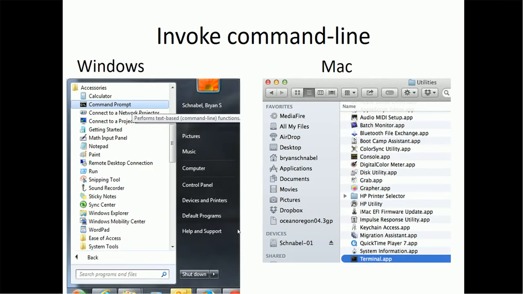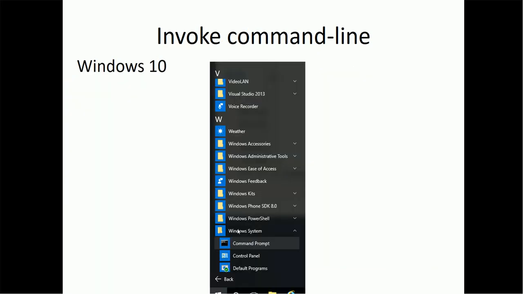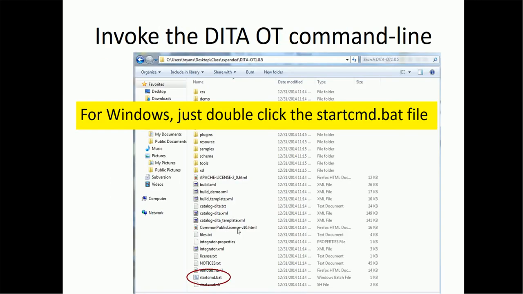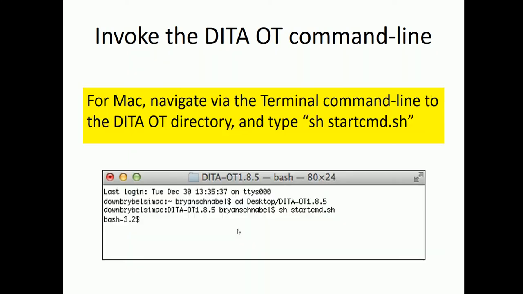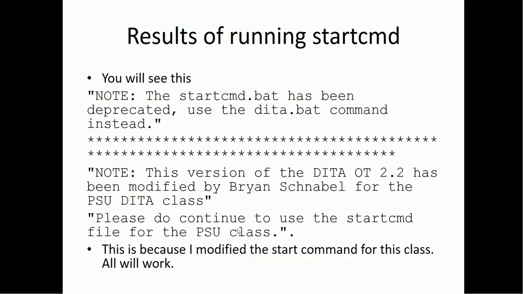We'll invoke the command line. There are different ways to do that based on your operating system. If we're in Windows, then we will double-click the start cmd.bat file. If we're on a Mac, we'll have to navigate to that directory, and we'll type sh space start command.sh.